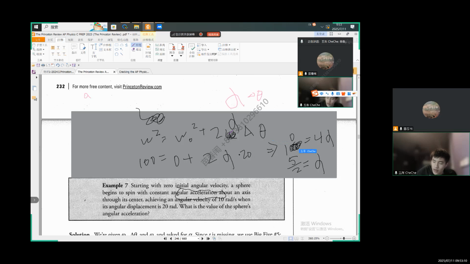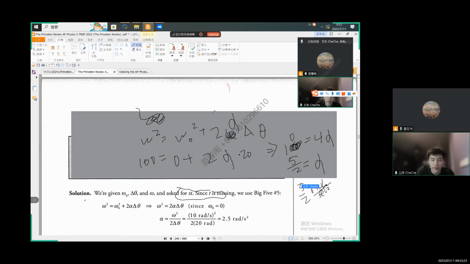And that would be radians per second. And it's angular acceleration, so seconds squared.